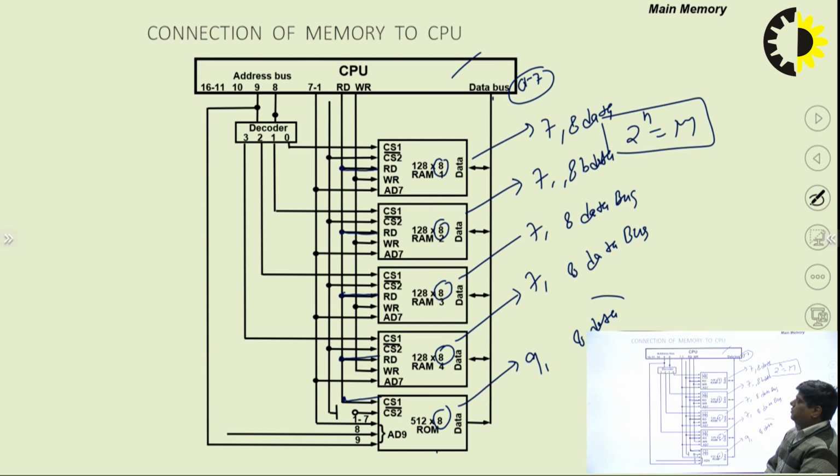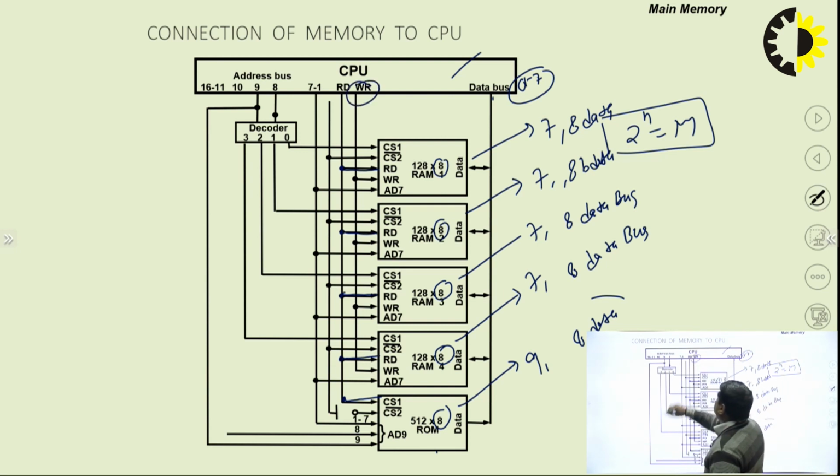Again we will go to the next step, that is the write function. What is the write function of the CPU? To perform the write operation. Similarly, we pick a bus and connect the WR write operation to RAM chip number 1, similarly chip number 2, chip number 3, and chip number 4.